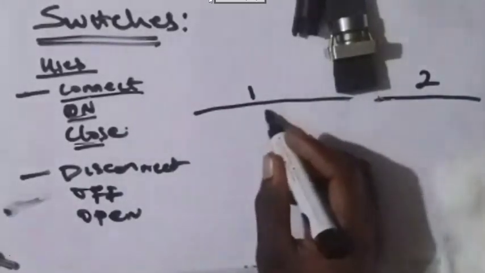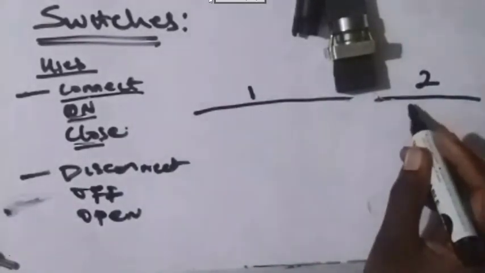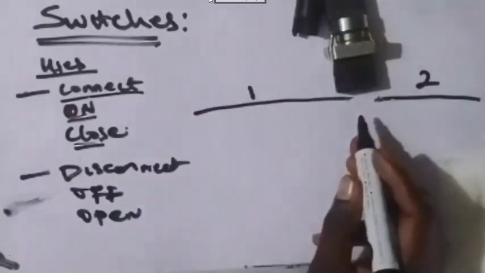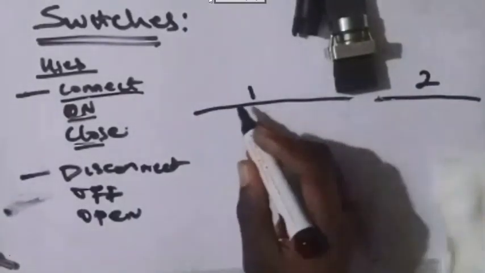For example, when it is connected, when you on it, when you off it, it will be disconnected, to disconnect or off or open 2 or more cables. So we connect 2 or more cables so that there will be flow of current from 1 to 2. We disconnect it when we don't want the flow of current from 1 to 2. Okay.